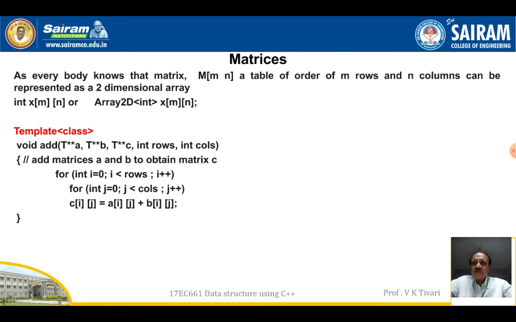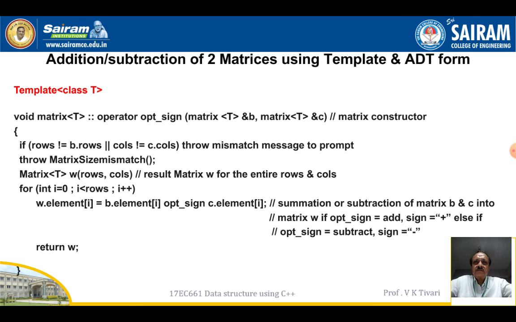And the next for loop, we have integer j equal to 0; j less than columns; j plus plus. And we are adding up c[i][j] equal to a[i][j] plus b[i][j]. This is the add function in the template class, for addition and subtraction of two matrices using template and ADT form.